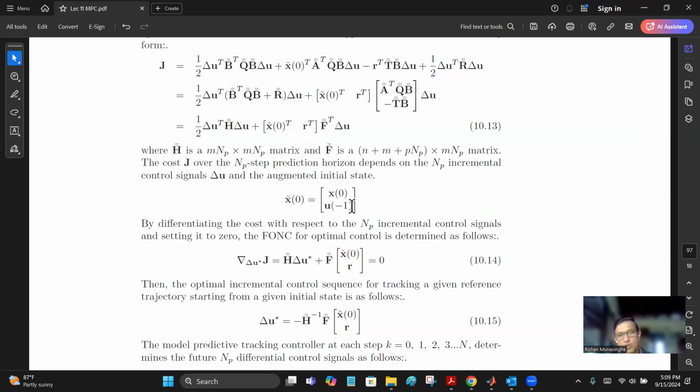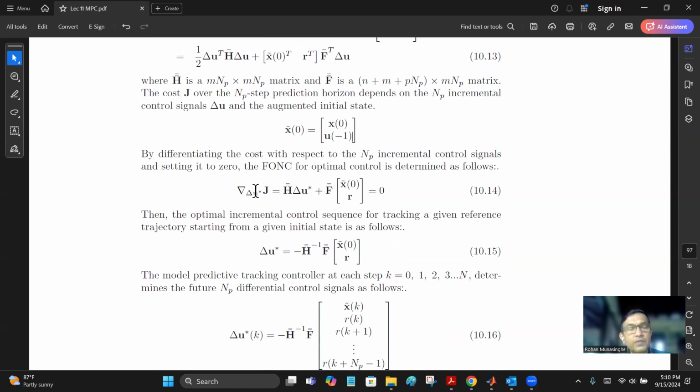So when you are moving the prediction horizon forward, this U minus 1 is the last signal of the previous horizon. Except for the very first prediction window, there you don't have anything in the past, because now you're getting going. In that case, you can set it to 0. After that you know it.